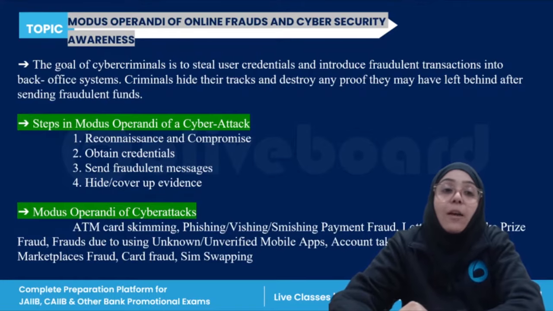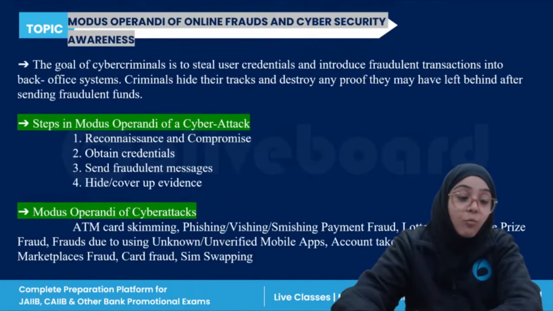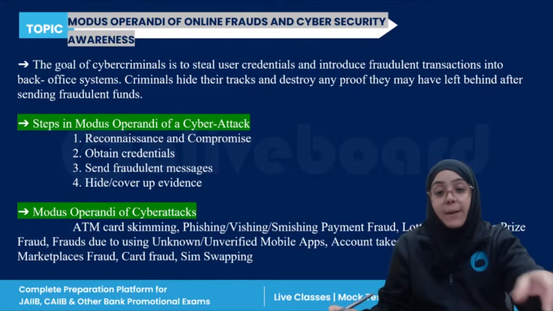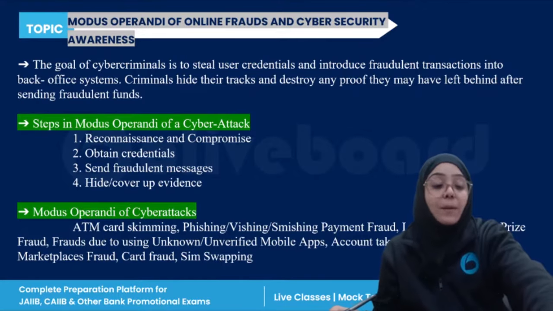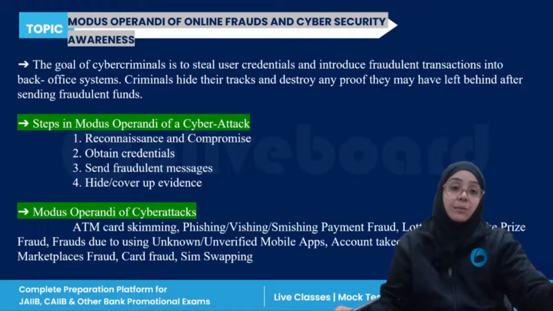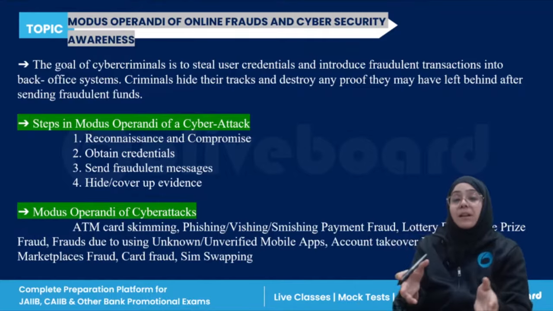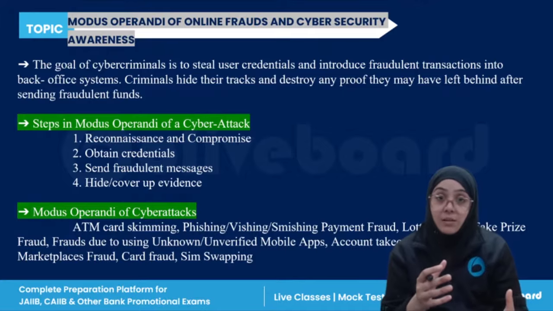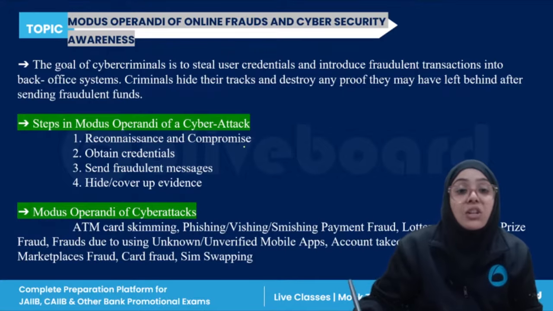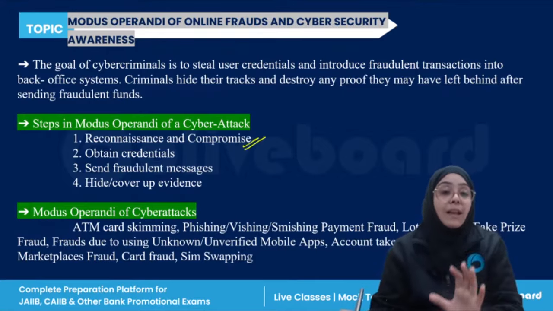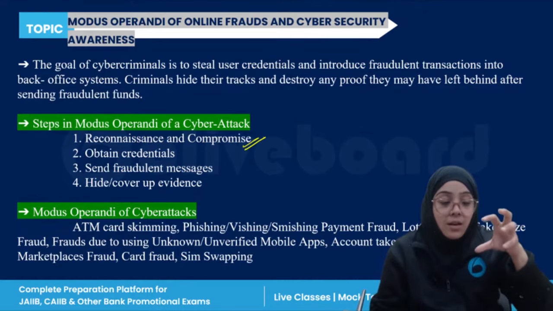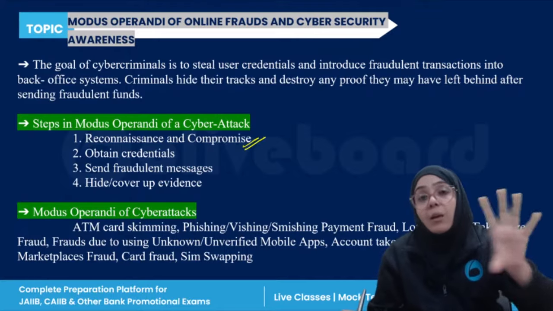Clear? Now, if we talk about the modus operandi of online fraud, what are the methods of operation for these frauds? First of all, they look out for the area where a compromise can happen, the loophole, the weak points.